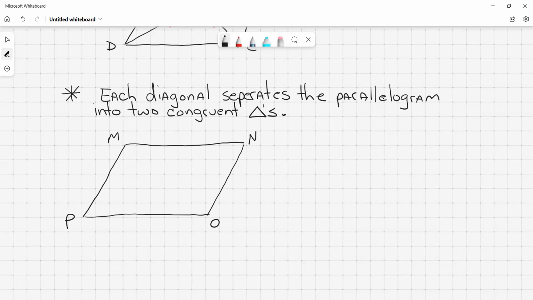We're going to put a diagonal in here. And what we know about these parallelograms from yesterday is that this left side is equal to the right side, and the top is equal to the bottom.